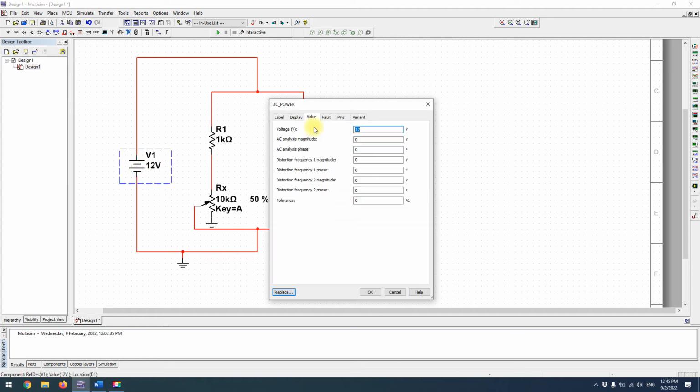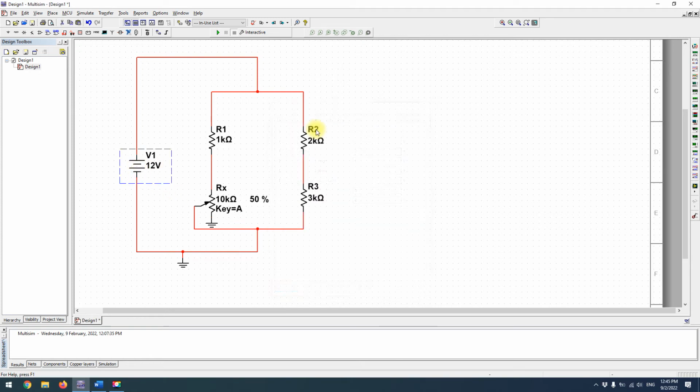Now we need to change this to 5 volts. In order for us to identify that what we're doing is right, we need to put a voltmeter, so over here we're going to put a voltmeter. Drop that here.